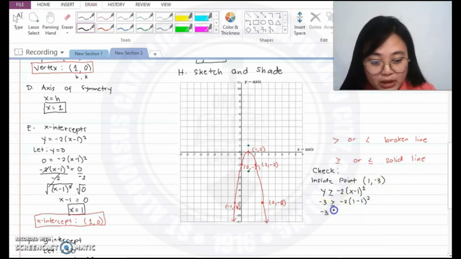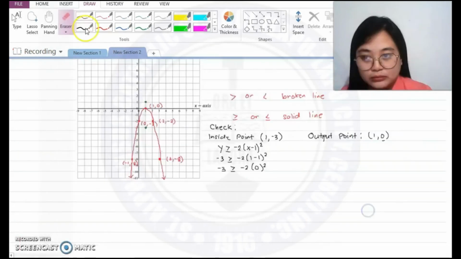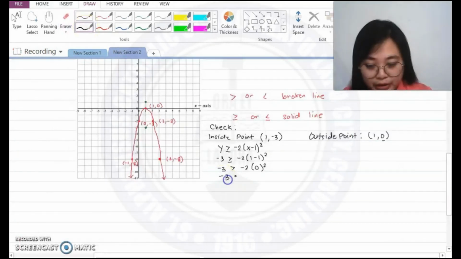So negative 3 greater than or equal to negative 2 times (1 minus 1 is 0) squared. So negative 3 greater than or equal to negative 2 times 0, which is 0, and negative 3 greater than or equal to 0, that is false.